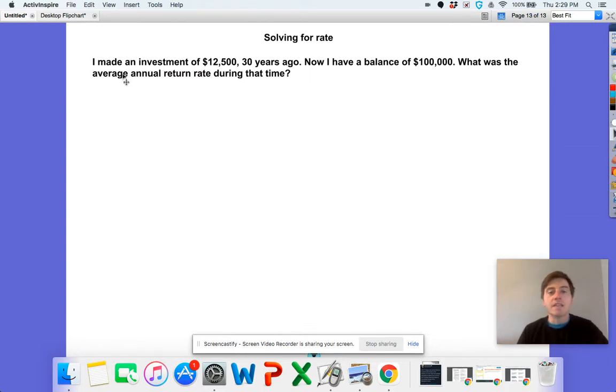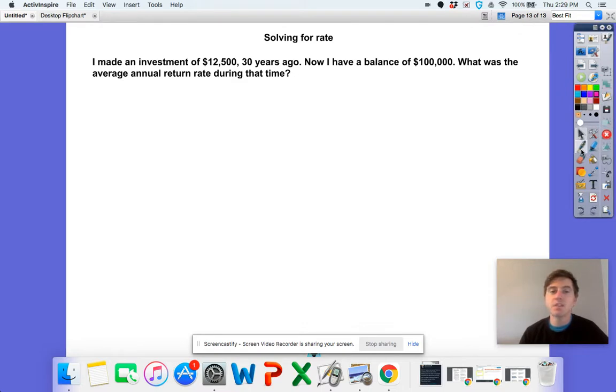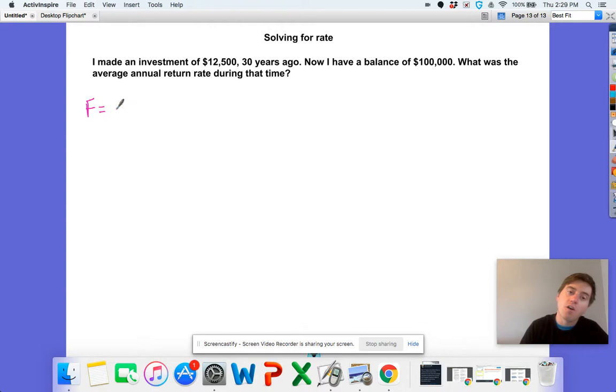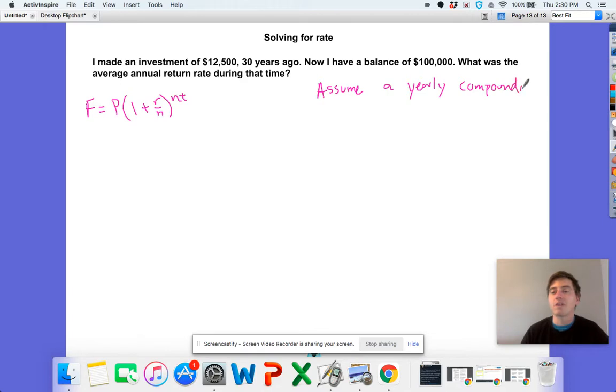But let's see. Last one, solving for rate. So when we're solving for rate, we are always going to use the finite equation. And we're just going to assume yearly compounding, because that's what we care about when we ask this question.